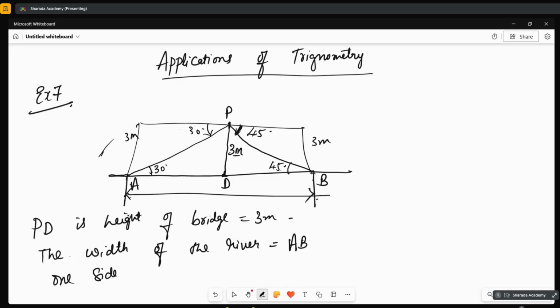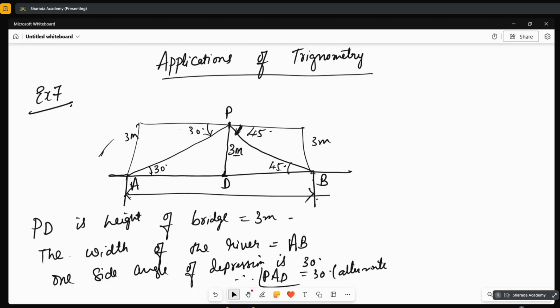One side, the angle of depression is 30 degree. Therefore, PAD angle is also 30 degree. They write alternate interior angles. A few things on your own you can write like this. Alternate interior angles.